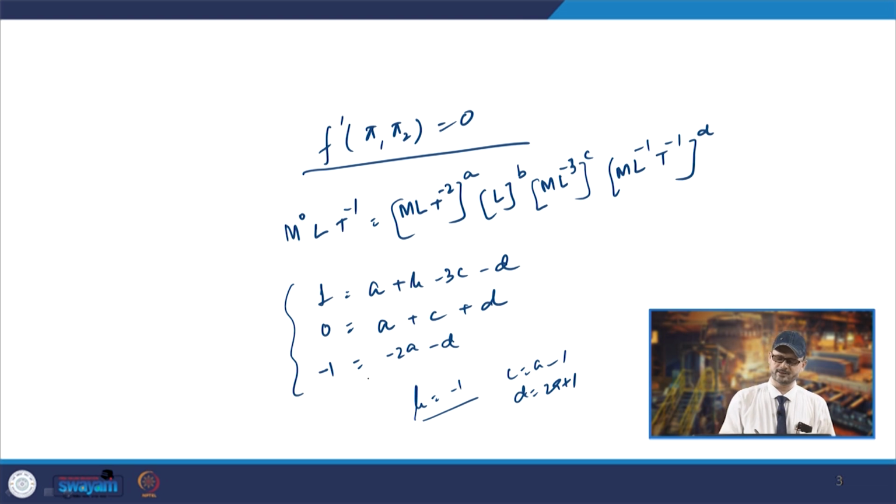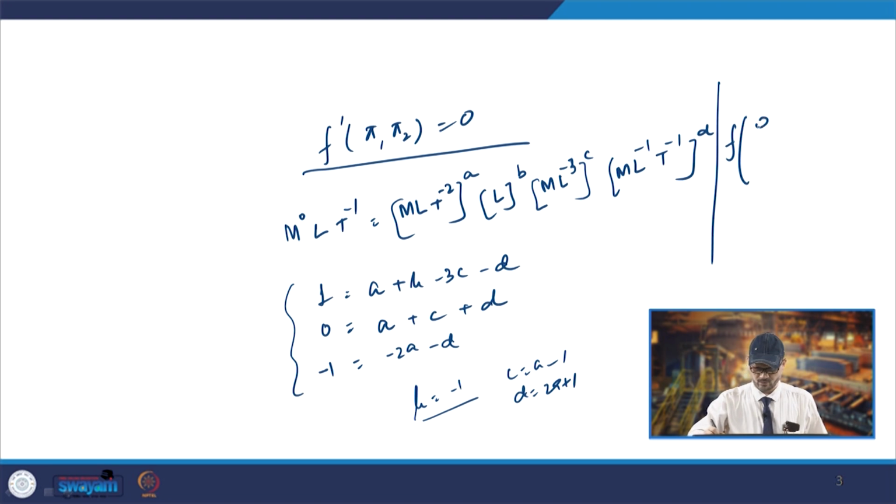So, you get b as minus 1 by some manipulation, and then you get c and d expressed in terms of a. Further, you can express it in terms of the 2 quantities: f of rho v d p upon mu and W p rho by mu square equals 0.